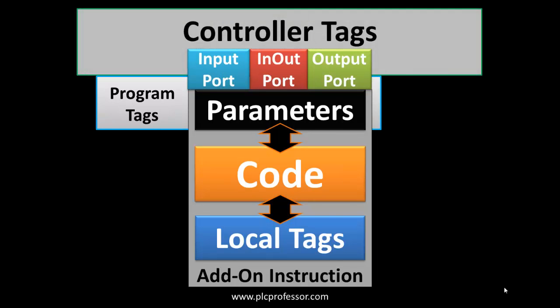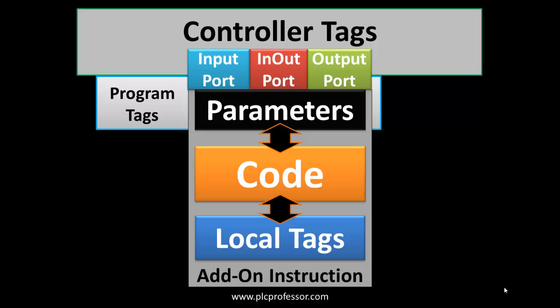So these input, output, and in-out parameters are going to access program tags from which this add-on instruction is being used in, and they can also access controller tags that are available to all programs in all tasks.